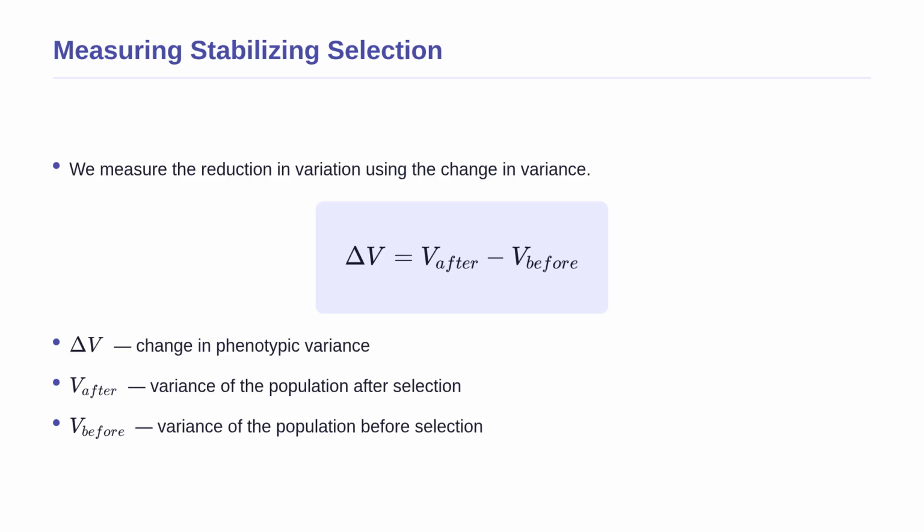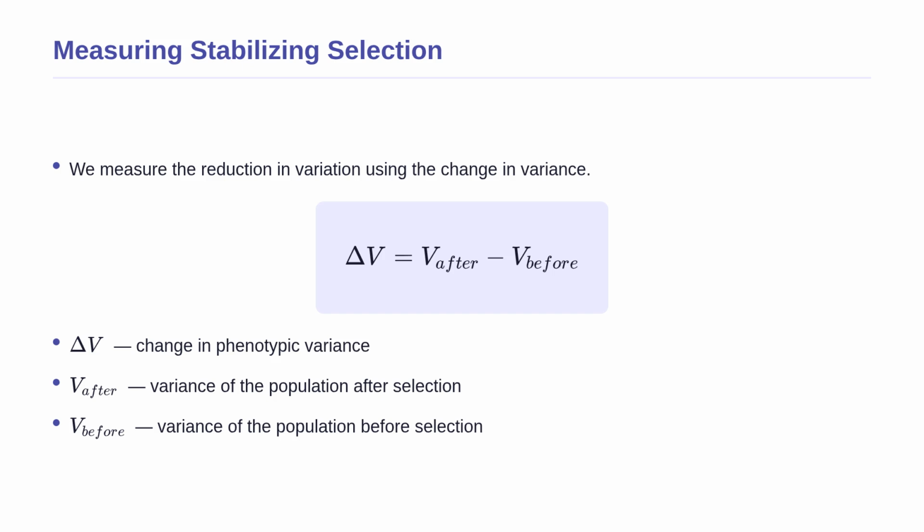Since stabilizing selection narrows the trait distribution rather than shifting it, we need a different mathematical tool to measure it. We look at the change in phenotypic variance, represented by delta V. Variance is just a statistical measure of how spread out the traits are.